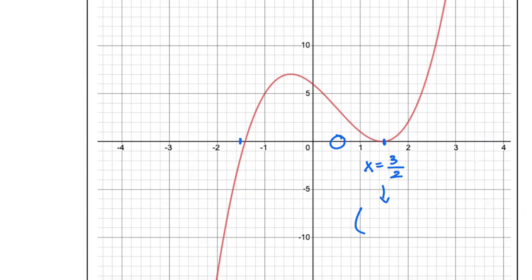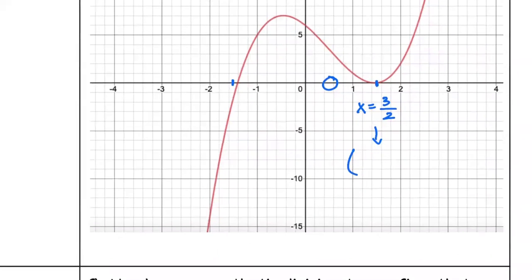2x minus 3. Okay, tell me how you got that. Multiply 2 to both sides and then subtract 3 to get 0 on one side and then the factor on the other. Yeah. So some of us might have said x minus 3/2, because that is literally what the factor theorem tells us.